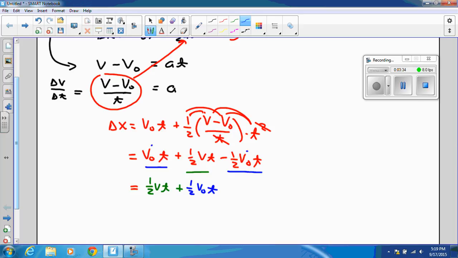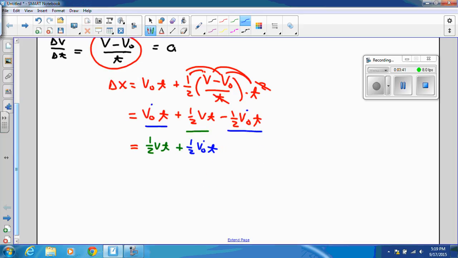This is 1 v0t minus 1/2 v0t, which is 1/2 v0t. Now this is a perfectly good formula that gives us delta x without acceleration. But I actually gain some additional insight if I factor out the t and the 1/2 to get 1/2 of v plus v0 times t.